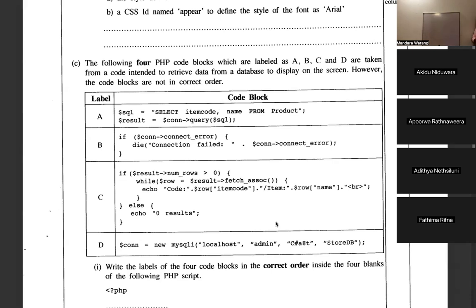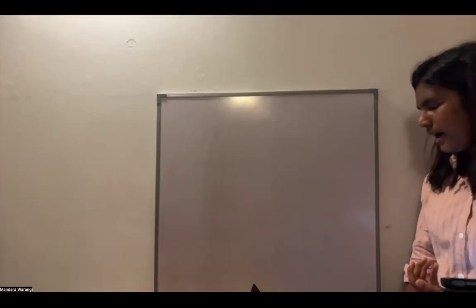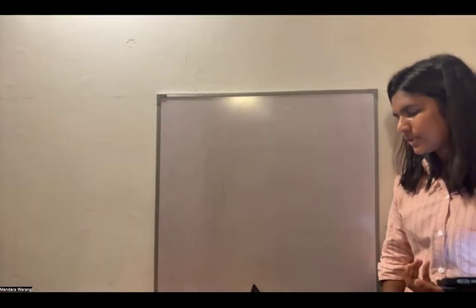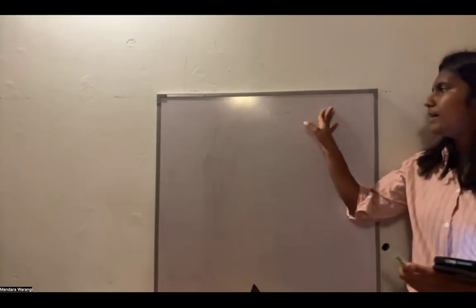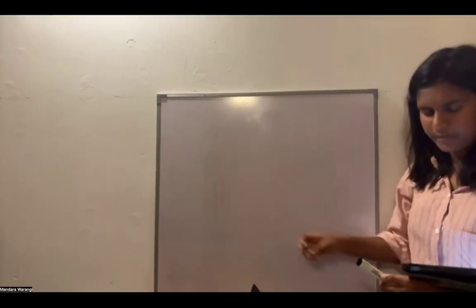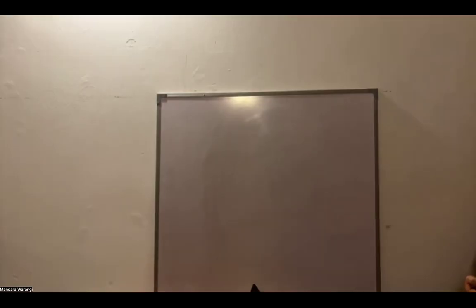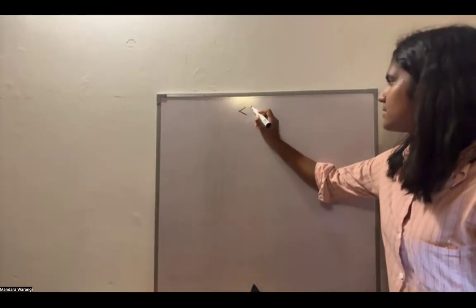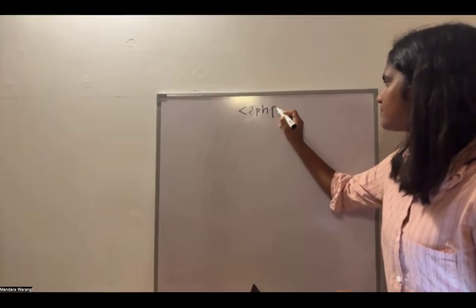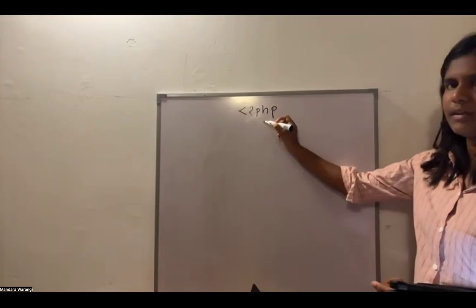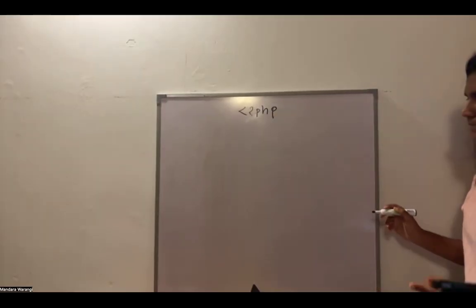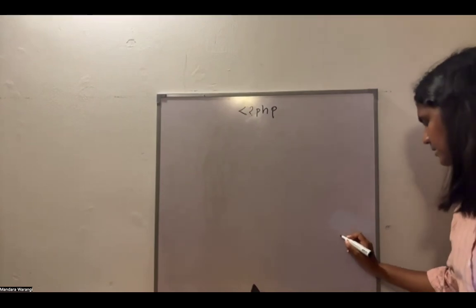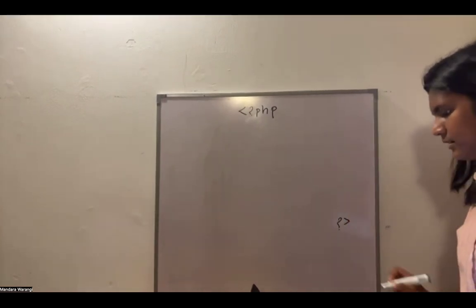If I write the complete code block, what you have to tell me is the letters of those blocks, right? So how can we start? It starts like this: you open with a question mark and PHP. This closes like this, with a question mark.